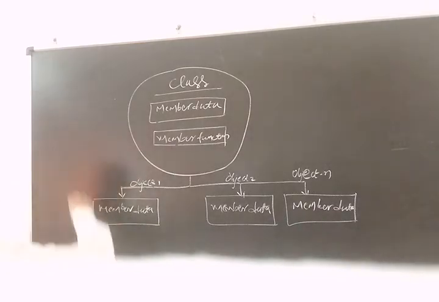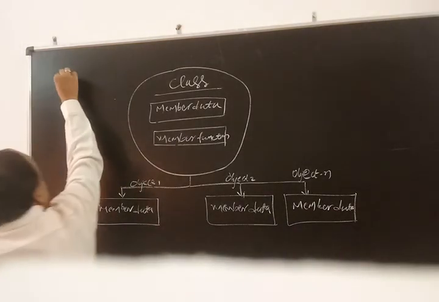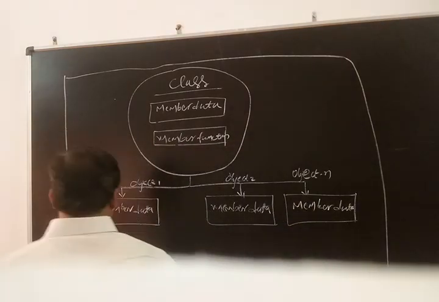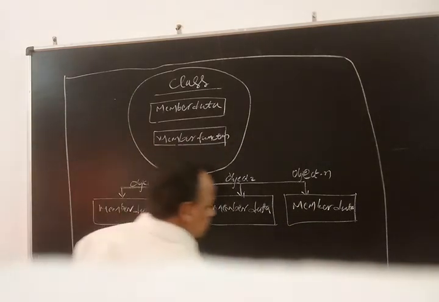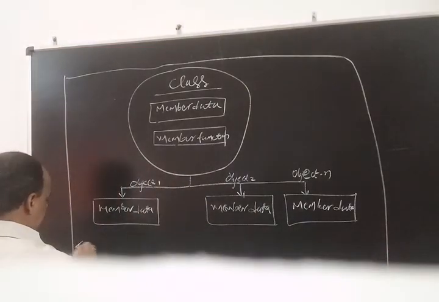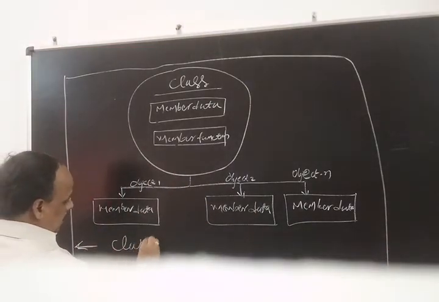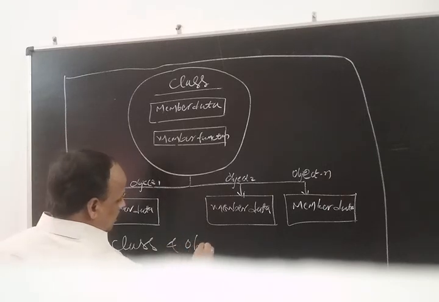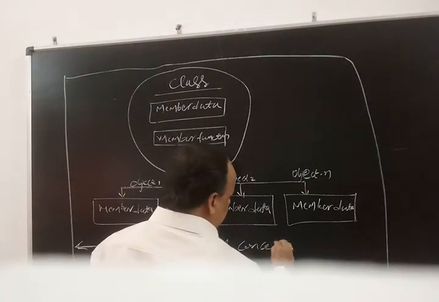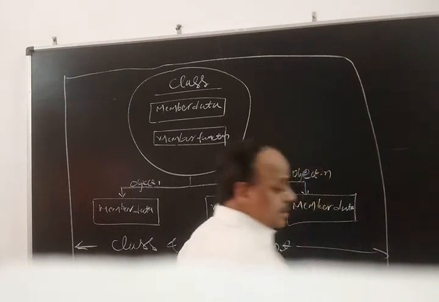So what does this diagram represent? The class and object concept, right?